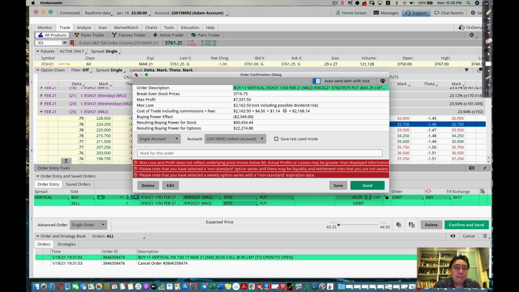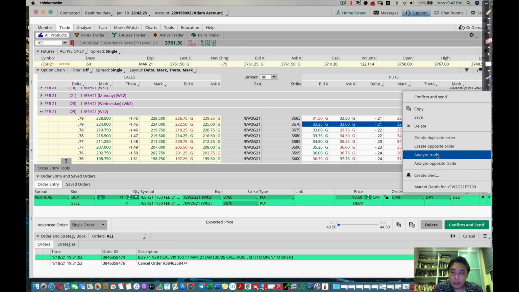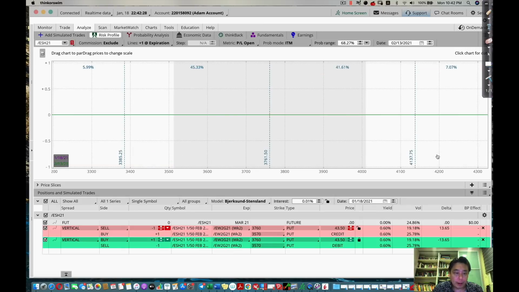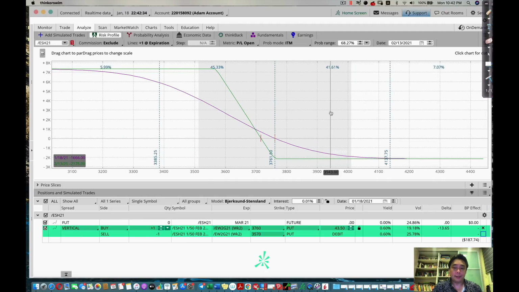Again, before you put the trade on, look at the analyze trade. There we are. This is the profit and loss chart. As usual, the one in green is the profit and loss at expiration, and the one in purple is the profit and loss based on this date over here that we can simulate for when we're going to get out.